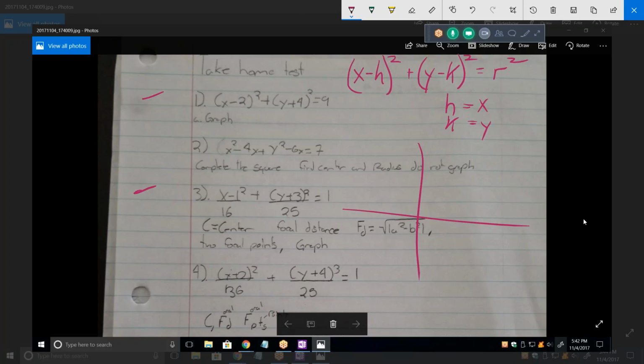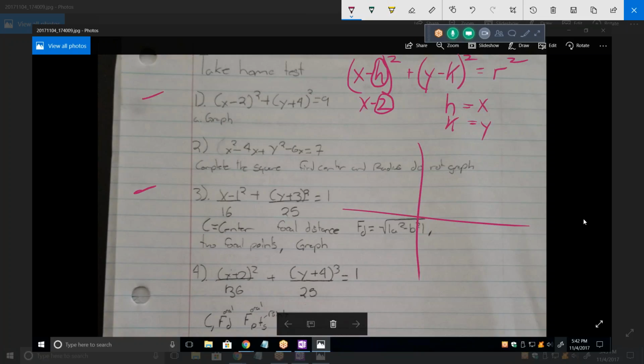Okay. So I'm looking at x minus 2. So what is H? Is it negative 2? No, it's positive 2. In other words, since I'm looking at x minus 2, then H has to be that number right there, which is a positive 2. Now what's K? K is the y coordinate.